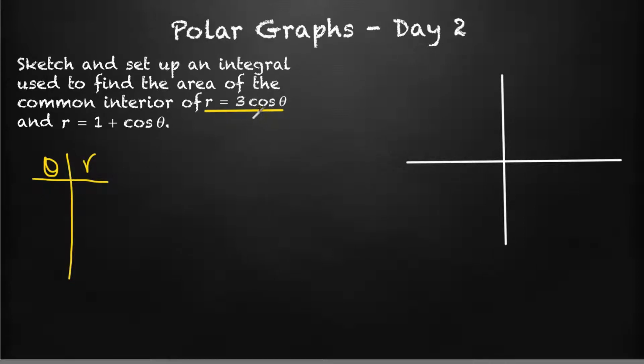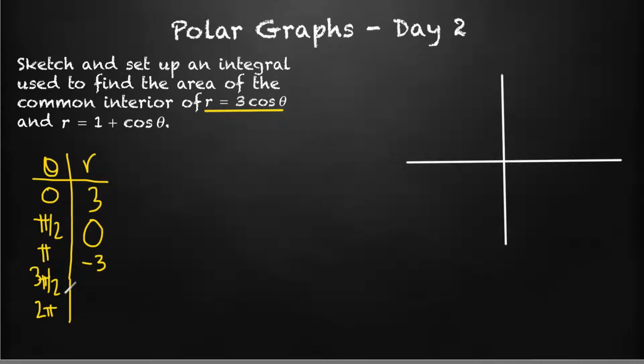And from the previous problem, we already should know that this is going to be a circle that is going to have a diameter of 3 that goes along the x-axis. But just to make sure that we are convinced of that, we are going to plot points, using all the basic points that we've been using. When you plug in 0, you get 3. Plug in pi over 2, cosine of pi over 2 is 0, so that's going to be 0. Plug in pi, and cosine of 180 is -1 times 3 is -3.